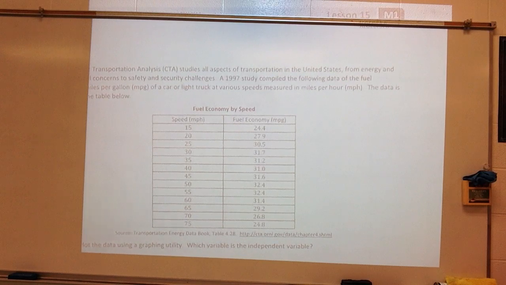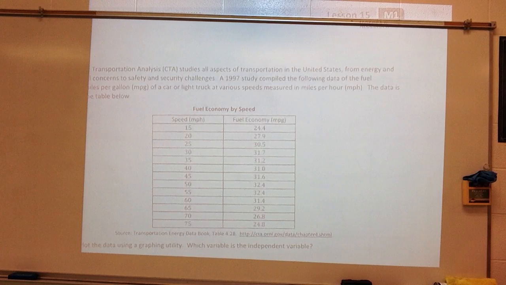Last part of our lesson. The Center for Transportation Analysis studies all aspects of transportation in the United States, from energy and environmental concerns to safety and security challenges. A 1997 study compiled the following data of the fuel economy in miles per gallon of a car or light truck at various speeds measured in miles per hour. The data is compiled in the table below. Plot the data points using a graphing utility.